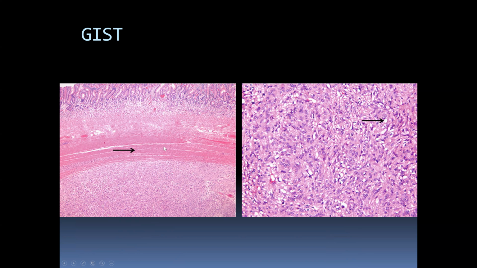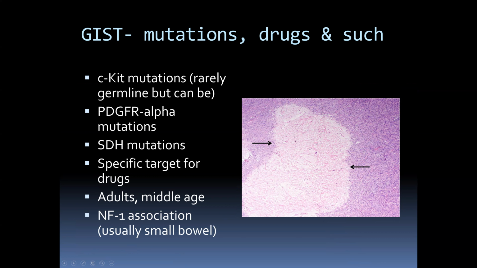As you know, these tumors can have a spindle-shaped configuration or an epithelioid configuration. They can occasionally have a signet ring type appearance, as you see here, mimicking other tumors. They can also have areas of necrosis. The mutation most commonly associated with this, and from which we have seen such dramatic response, is the c-KIT mutation.